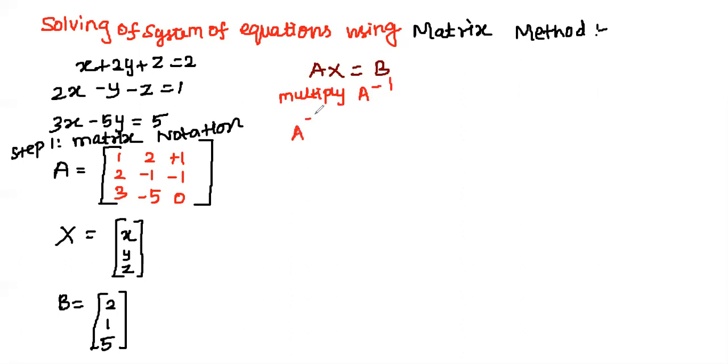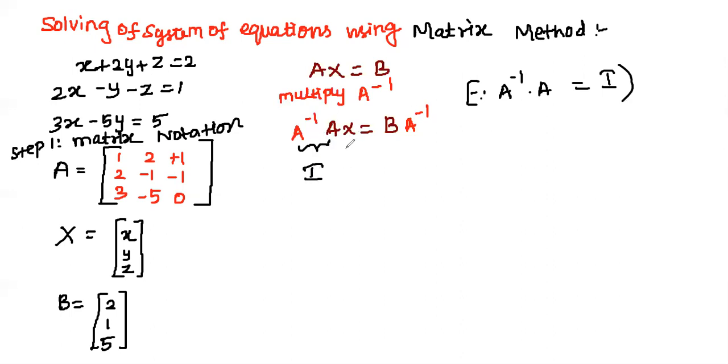This becomes A inverse into AX equal to A inverse into B. And we have an identity: A inverse into A is equal to I, the identity matrix. The inverse matrix of A multiplied by the matrix A results in the identity matrix. So I will write this as the identity matrix followed by X, equal to A inverse B.